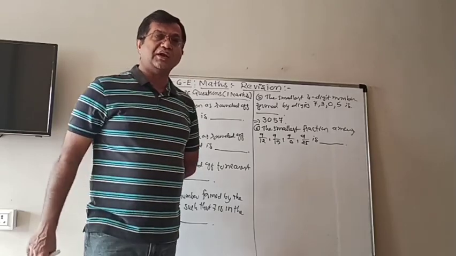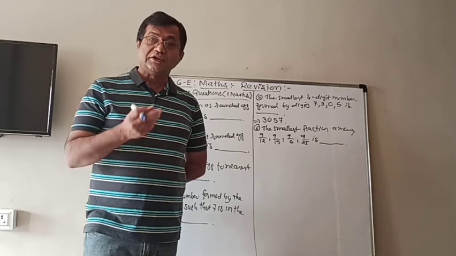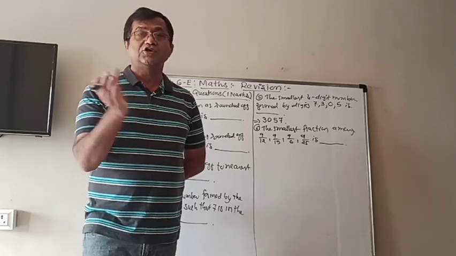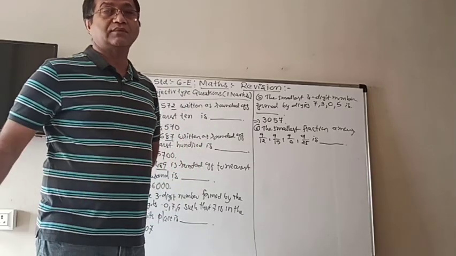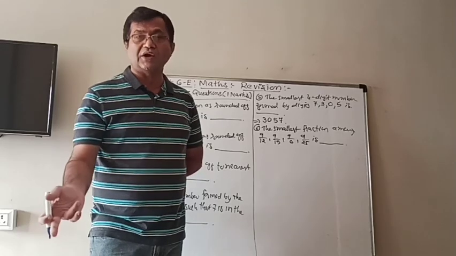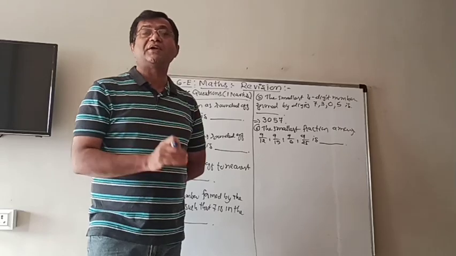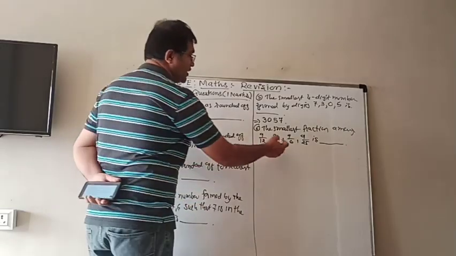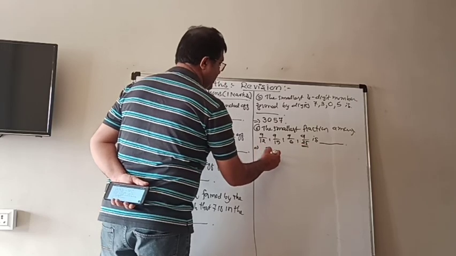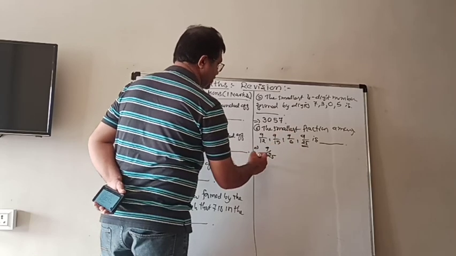If the denominators are equal, we can easily find out. But here the numerators are equal. When numerators are equal, then you have to think the other way. The one with the largest denominator is the smallest number, and the smallest denominator gives the biggest. So here, which is the smallest? 9 upon 25. So the answer is 9 upon 25. That is the smallest number, and the biggest number will be 9 upon 6.